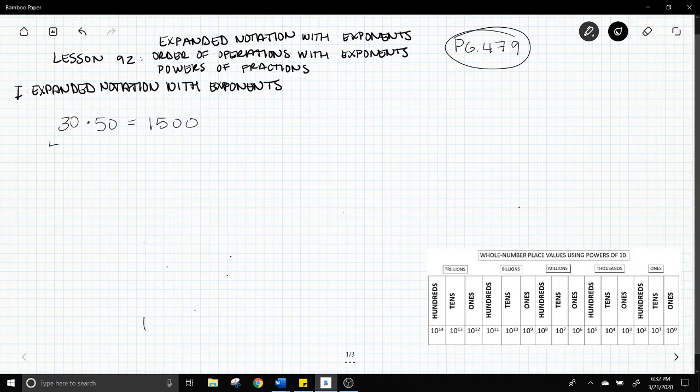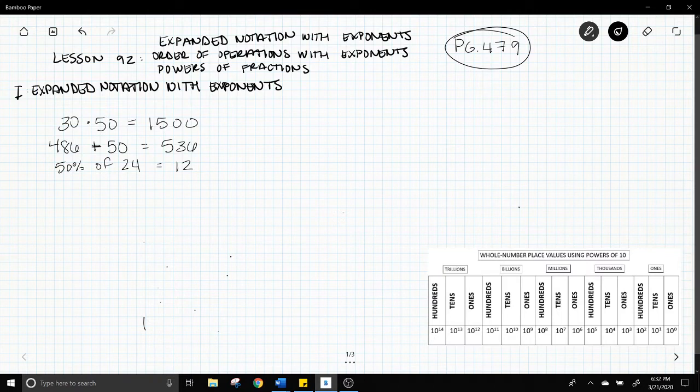Letter B, 486 plus 50 is 536. Letter C, 50% of 24. What is 50% of 24? The answer there is 12.